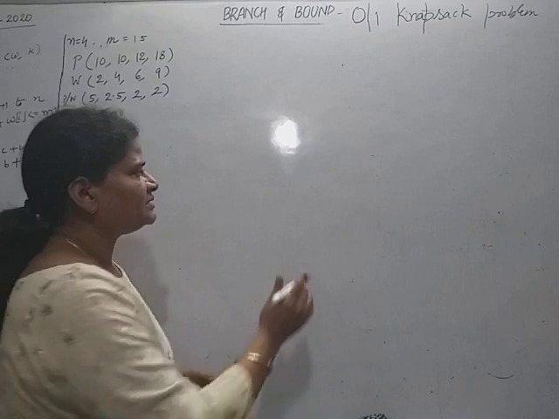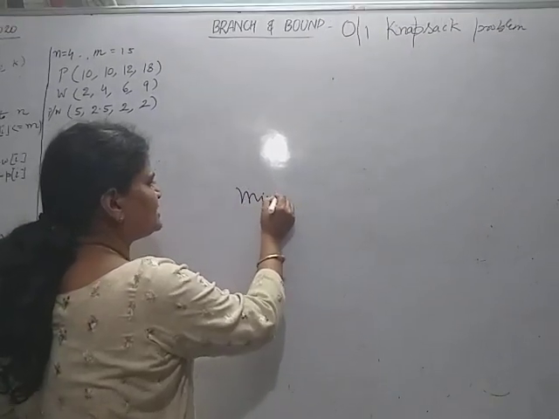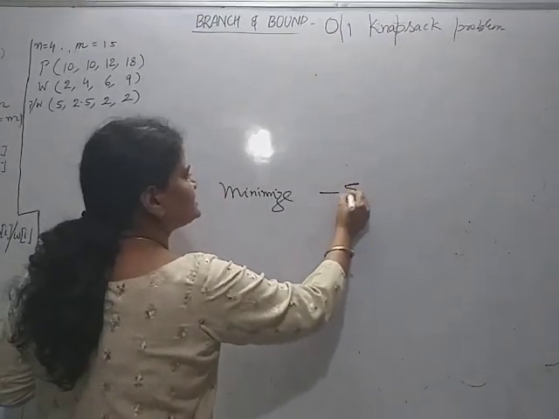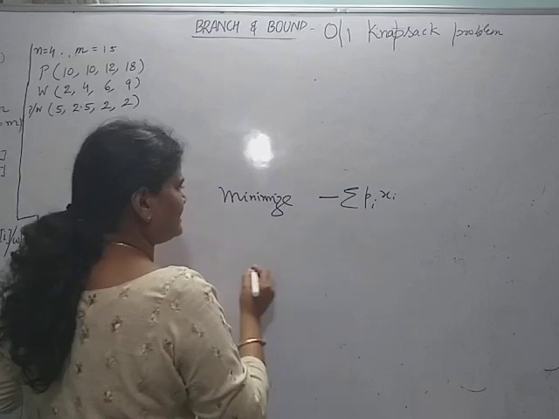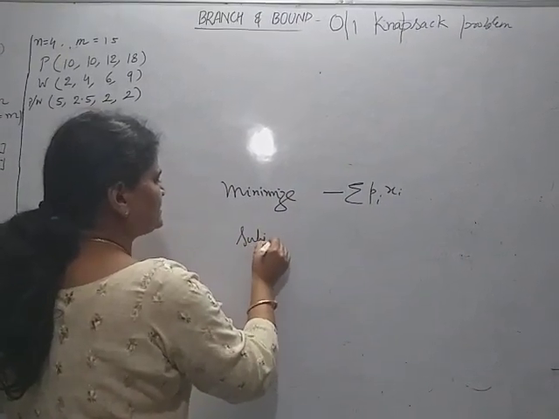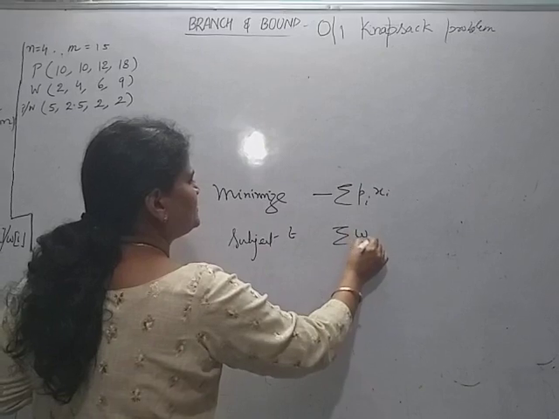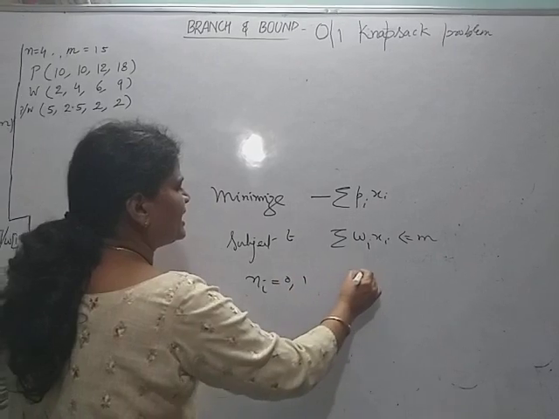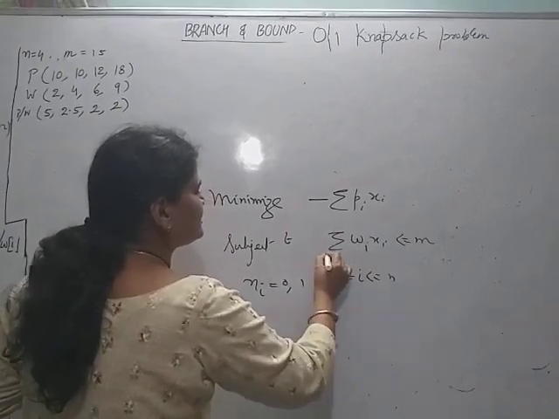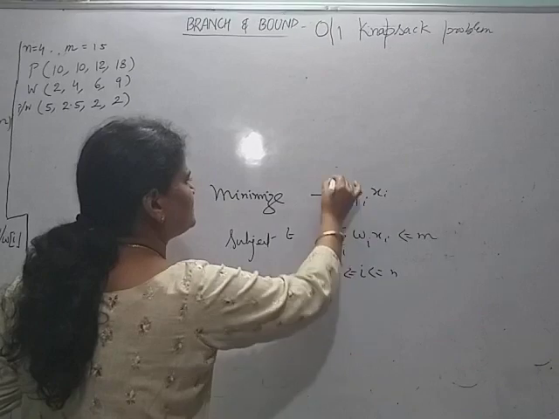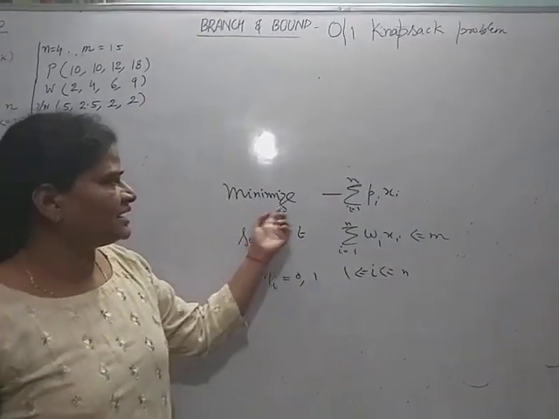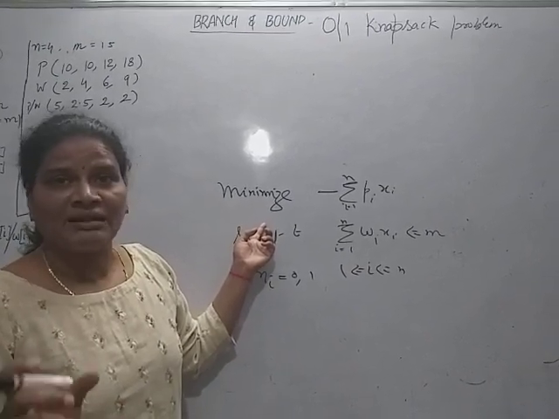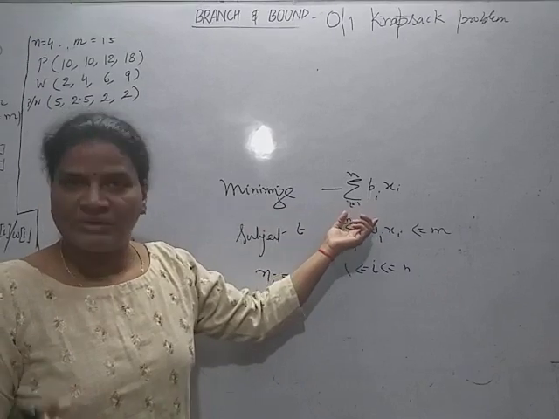We can convert it by changing the objective: minimize minus summation pi xi, subject to summation wi xi less than or equal to m, xi equal to 0, 1, where i is from 1 to n. So be very careful to note down this statement: for the 0-1 knapsack problem we are going to solve, I am converting the maximization problem into a minimization problem.